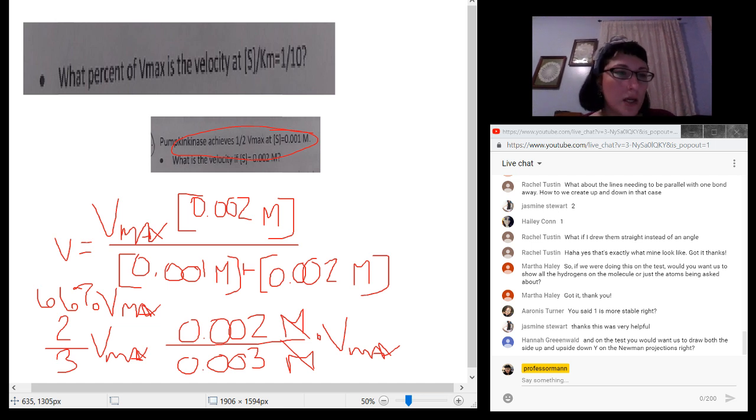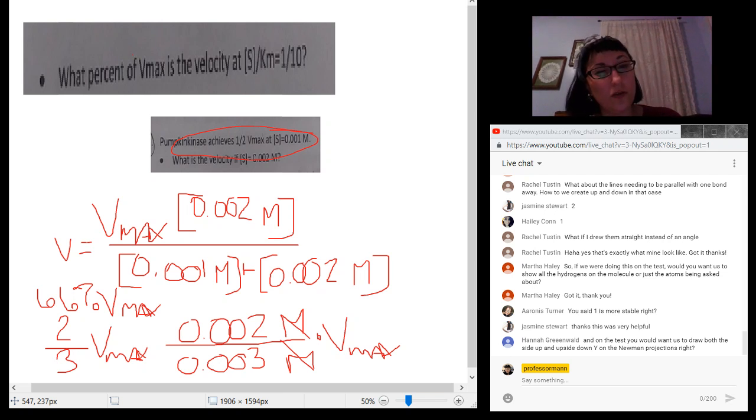Okay, and then what percent of Vmax is the velocity at? That's kind of the same sort of thing. So you can solve for your Km, and again, get everything in terms of your, I just lost my train of thought. I'm so sorry. I think my brain might be fried after all today. But so that would be 1/11.